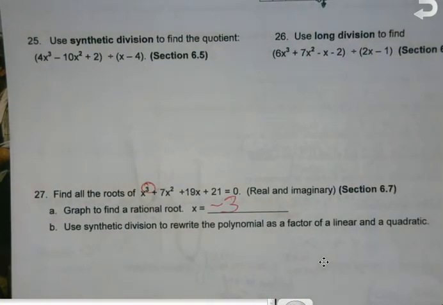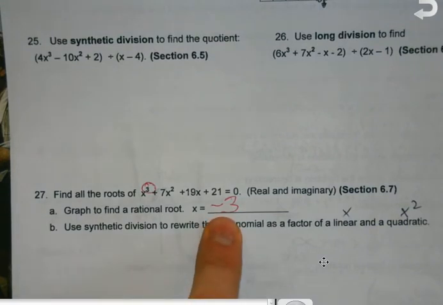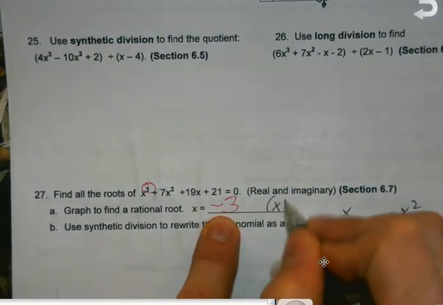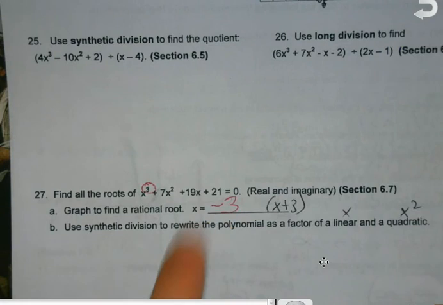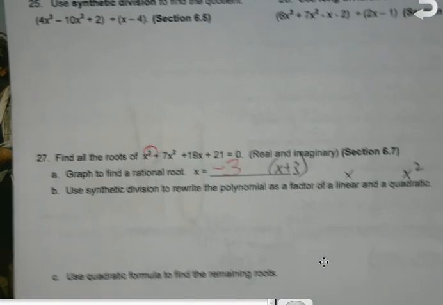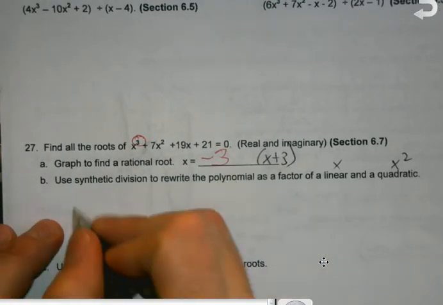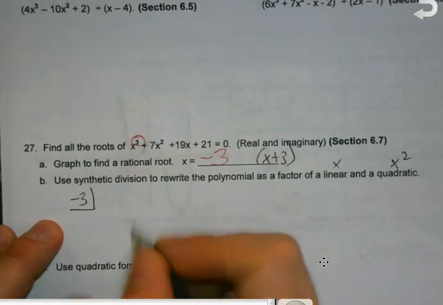Use synthetic division to rewrite the polynomial as a factor of a linear and a quadratic. In other words, something that has x and something that has x squared. This, if I wrote it as a factor of a polynomial, would be x plus 3, because again, when you get an answer, it's the opposite sign of what we've been doing. The synthetic division part, I'm like, okay, -3 goes in the box.